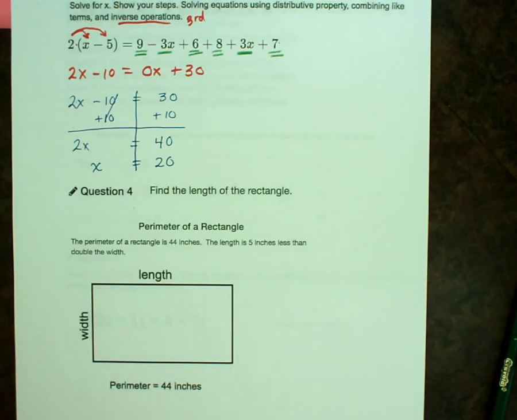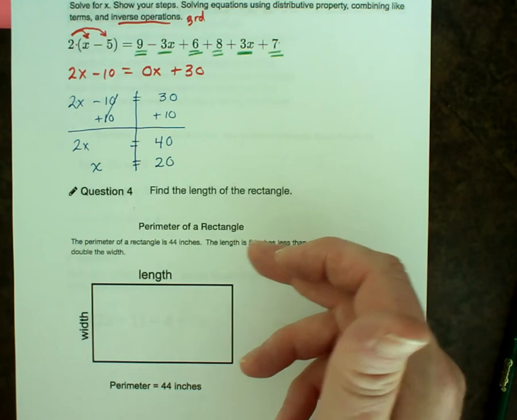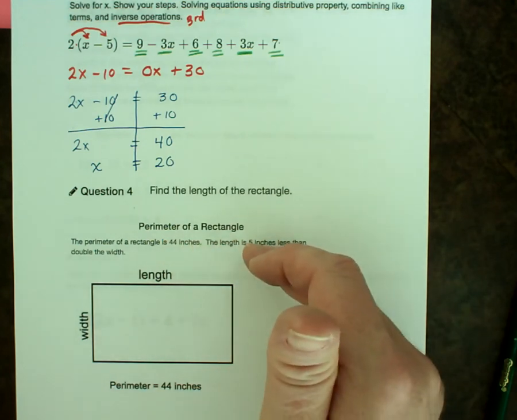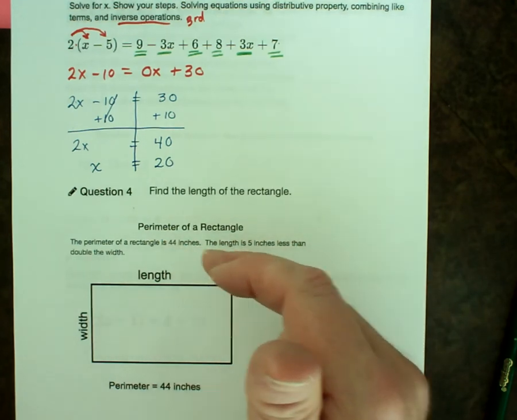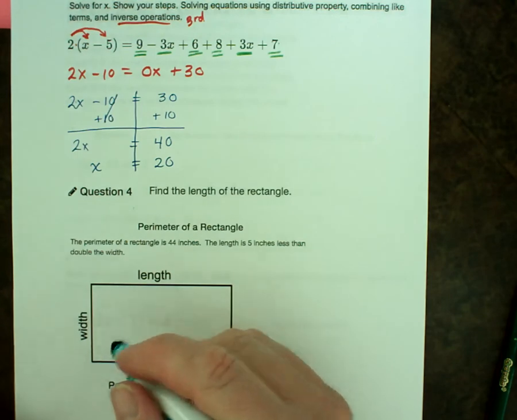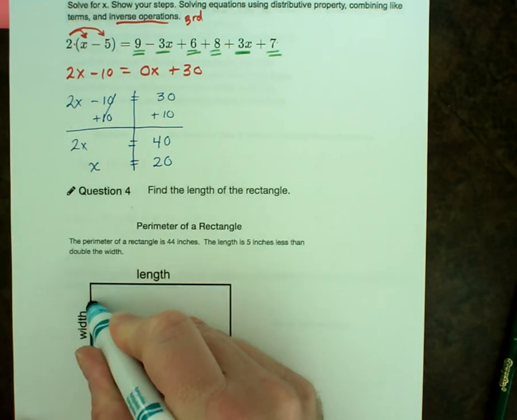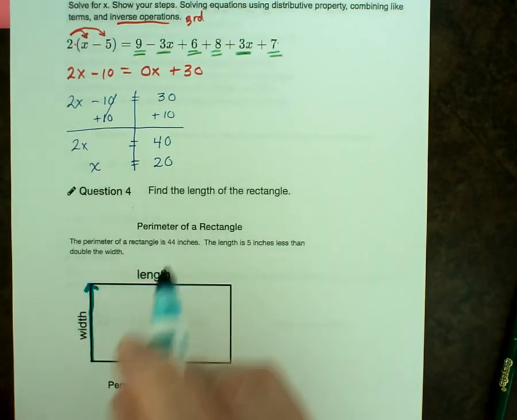In question 4, we have something that says find the length of the rectangle, and you're given that the perimeter of a rectangle is 44 inches. So we have to first start thinking, what is the perimeter of a rectangle? The easiest way to look at it is to start at one point on the rectangle and then travel in all 4 directions around the outside.